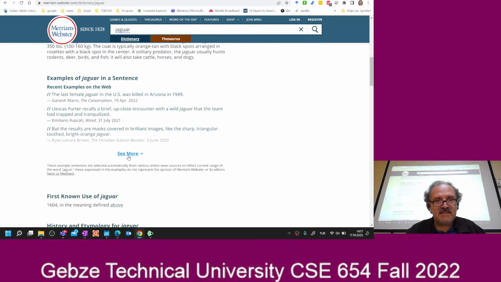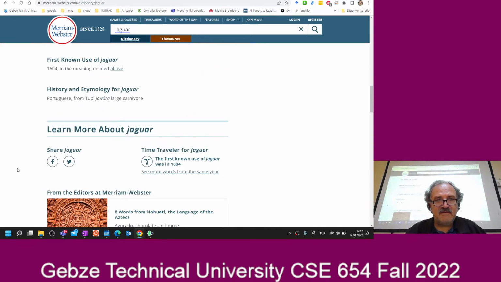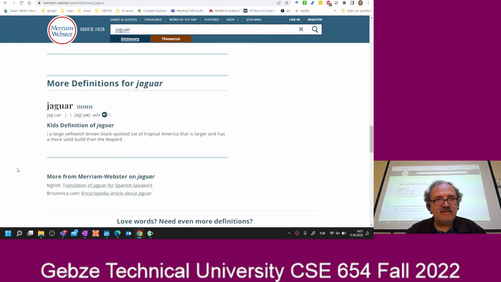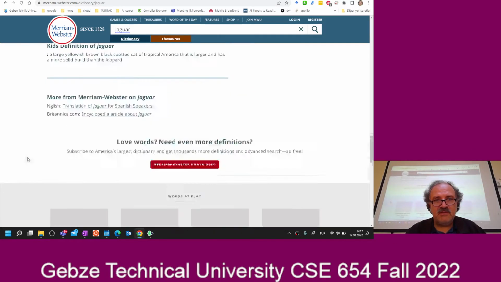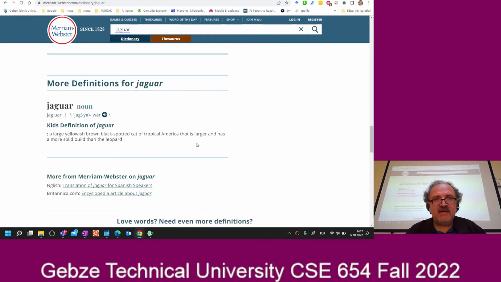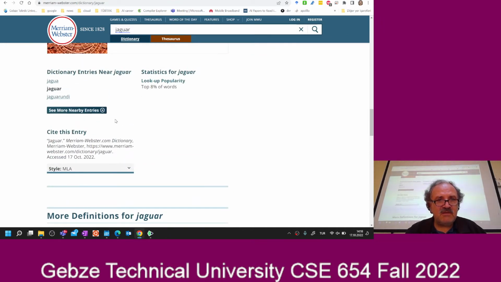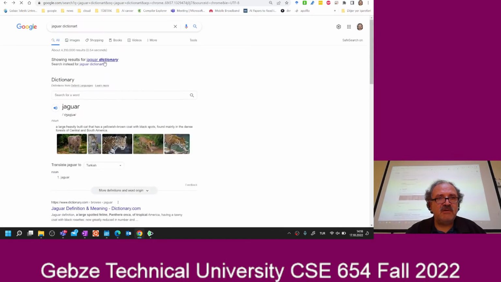Where is the other sentence? Okay, large yellowish, this is the animal jaguar. Am I missing something? Do you guys see where the other meanings of jaguar are? Let's go back and try the dictionary.com.